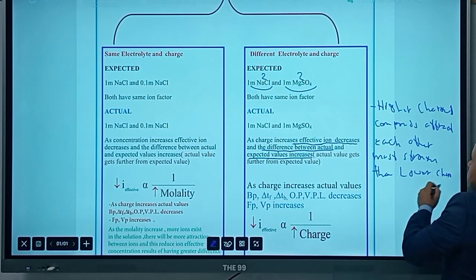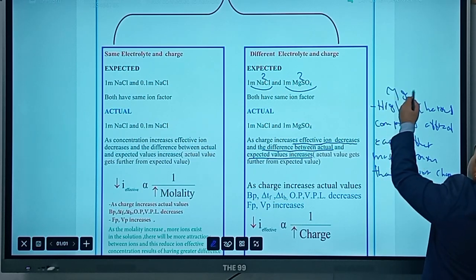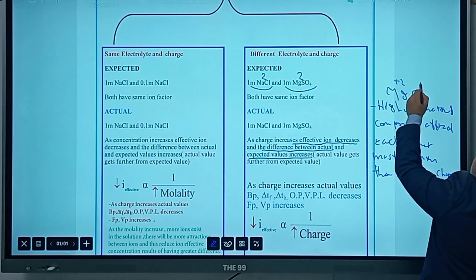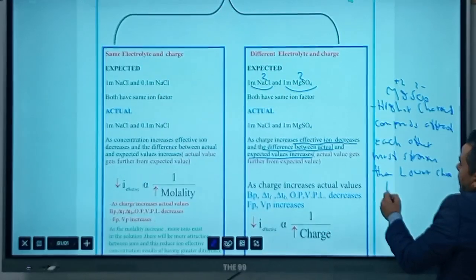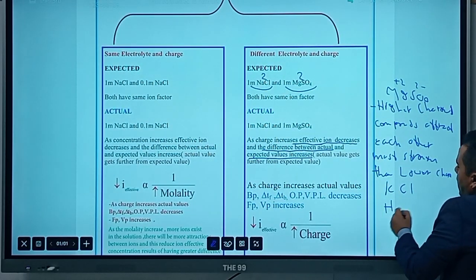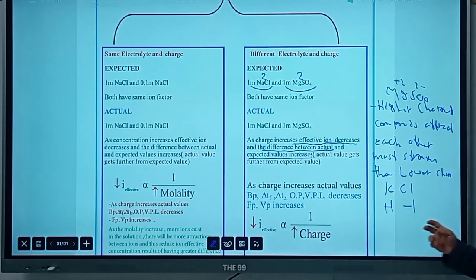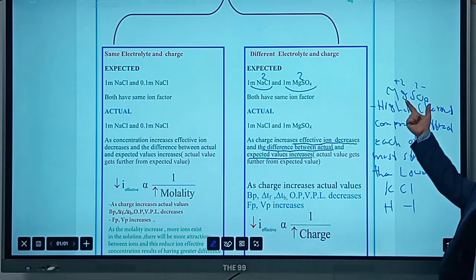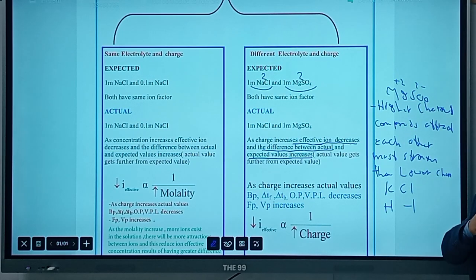Higher charged means, for example, MgSO4 is positive 2, negative 2. KCl is positive 1, negative 1. The attraction that exists between the higher charges is much more than the attraction between the lower charges.